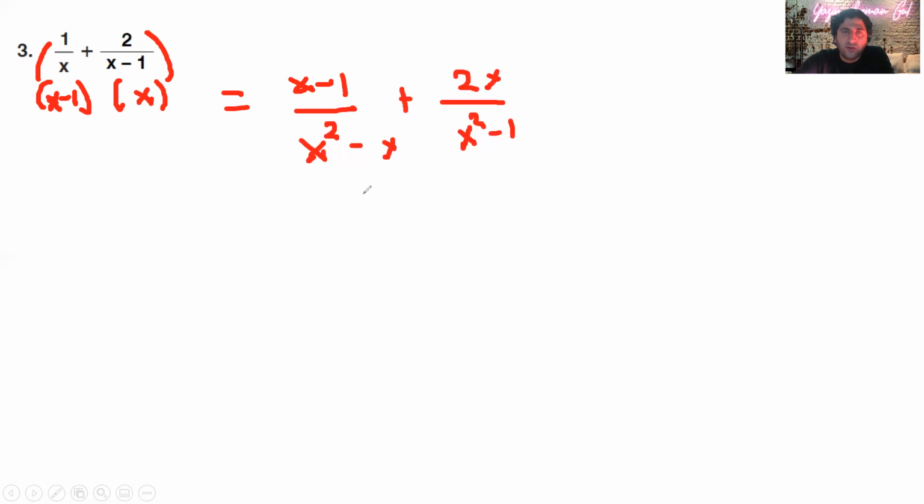Okay, then it is going to be, just going to write it here, x minus 1 plus 2x. Right, so isn't that going to be 3x minus 1 over x squared minus x.